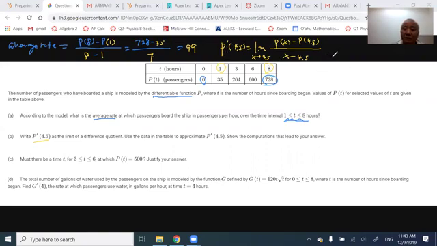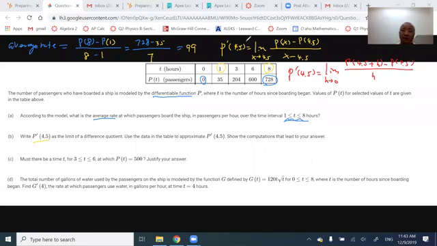Or you can write like this. The other way you can write is this. You can say P prime of 4.5 equals the limit as h approaches 0 of P(4.5 plus h) minus P(4.5) divided by h, like this.